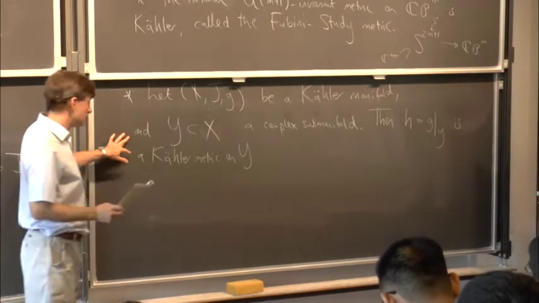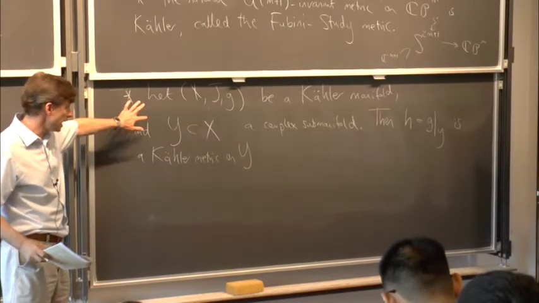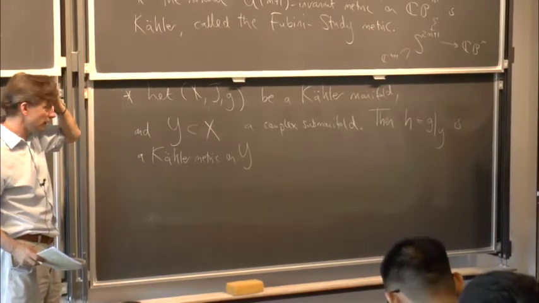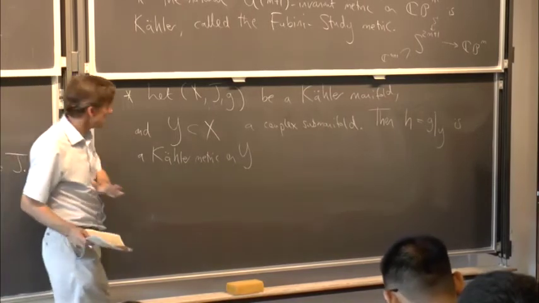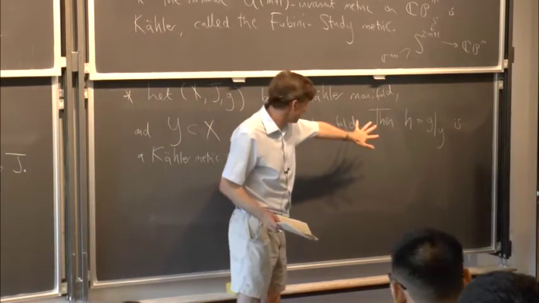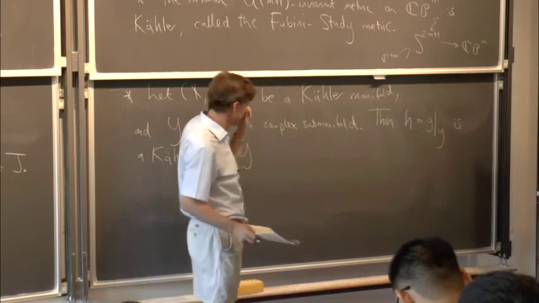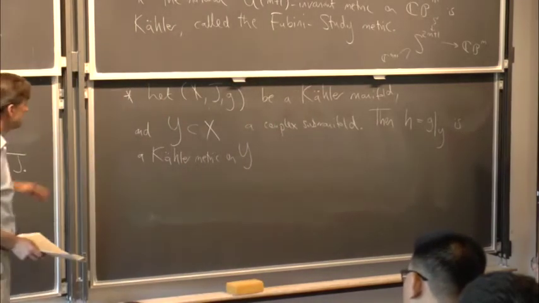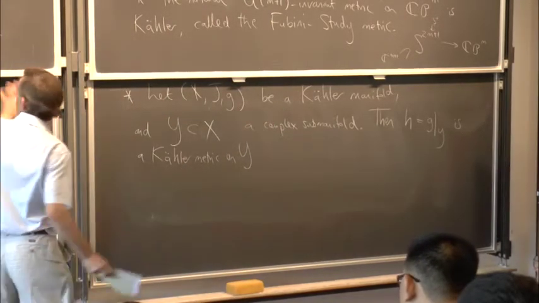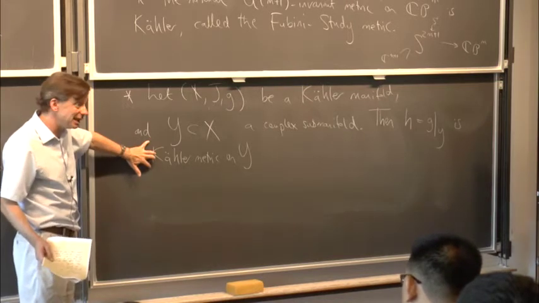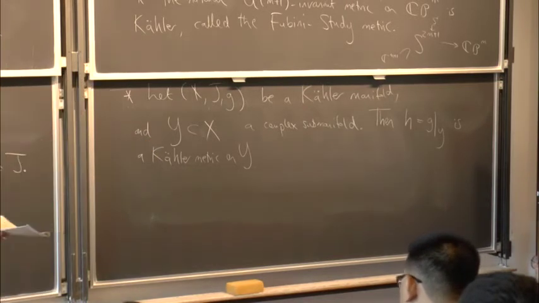That's because the Hermitian form of this metric on Y is the restriction to Y of the Hermitian form of X. And because the Kähler form of X is closed, the restriction to Y is also closed. So part of this is that the Kähler condition has a linearity to it, because it's d omega equals 0.